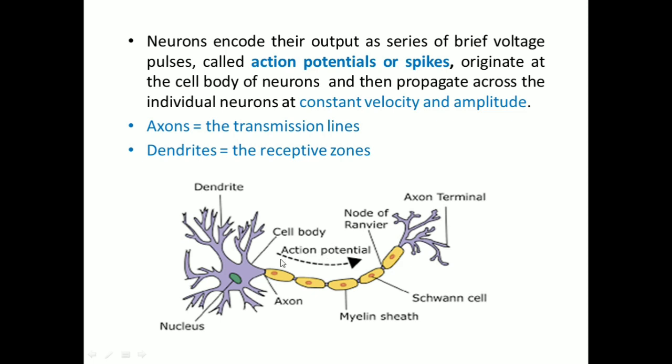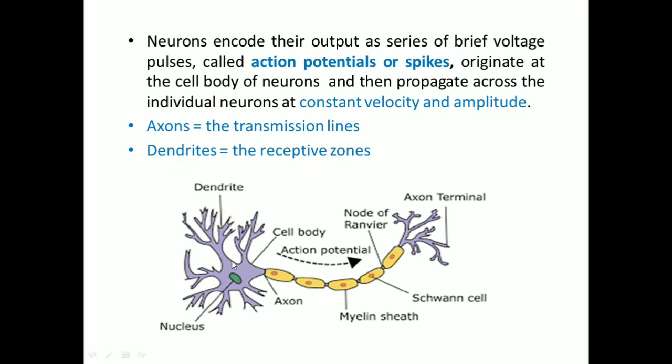These action potentials originate at the cell body and then propagate across the axon at a constant velocity and amplitude. We can consider the axon as a transmission line which transfers information from one neuron to another, and the dendrites are called the receptive zones of the neuron.